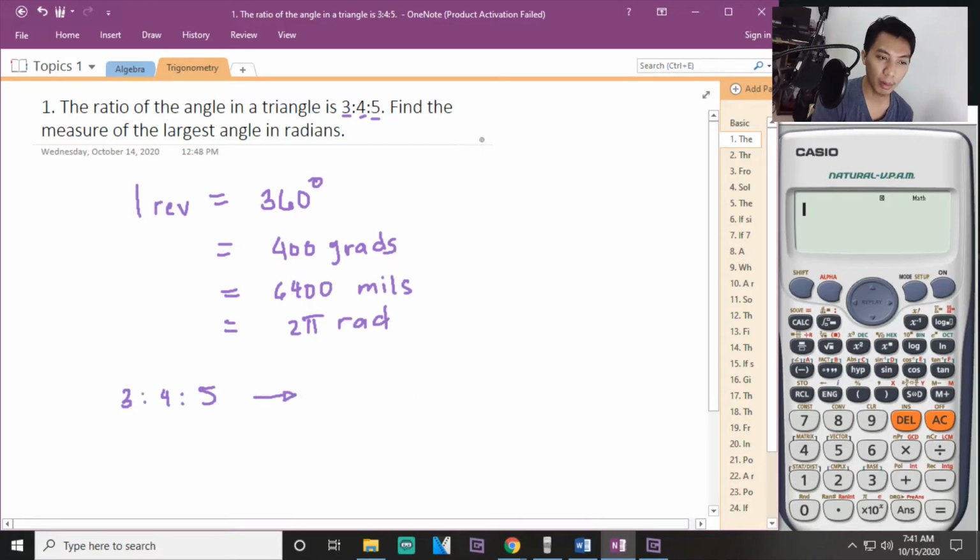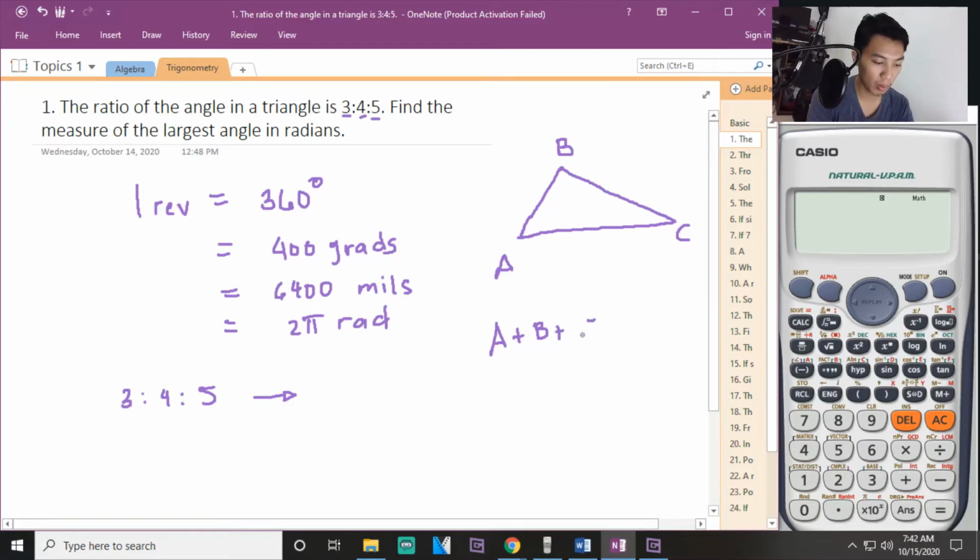Pero tatandaan mo, your triangle has 3 angles, na kung saan, those 3 angles will form a sum that will total into how many? How much? So, 180 degrees. That is the sum of all the interior angles na meron ng iyong triangle.